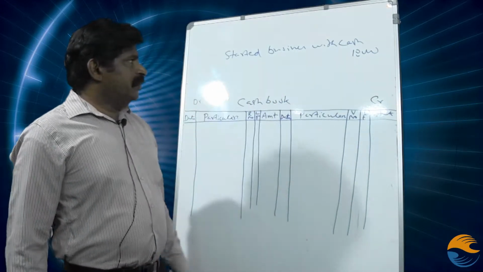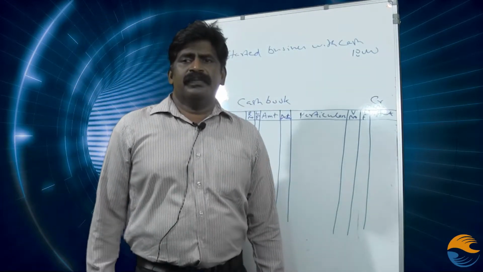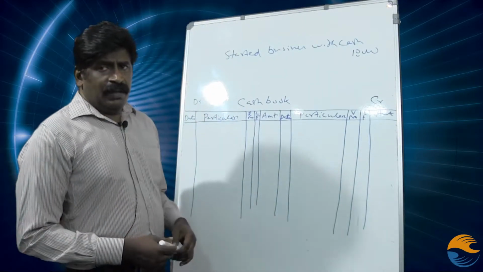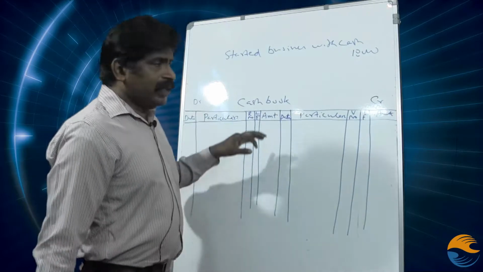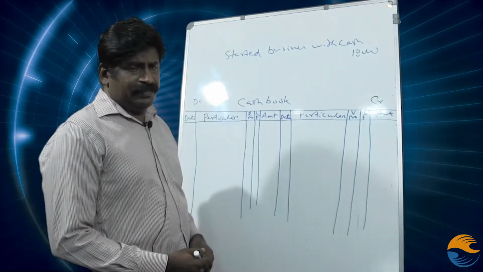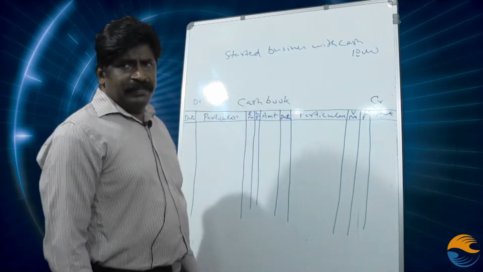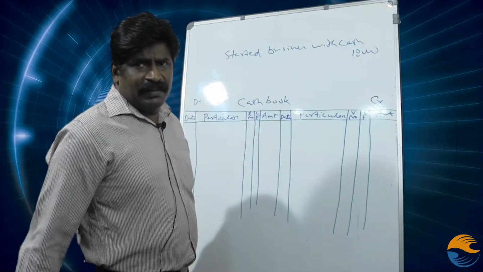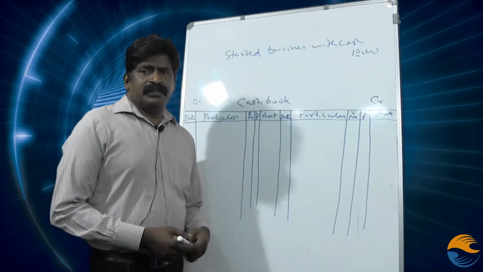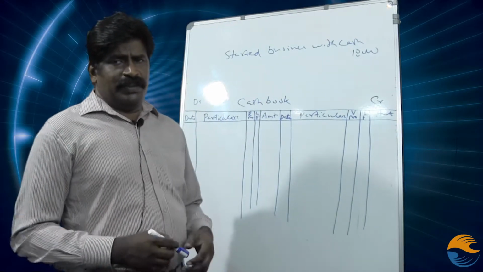In this transaction, when we start business with the cash, the business receives cash. And we know that two aspects regarding this transaction are cash and capital. The cash book is here. The another aspect is capital. As cash comes into the business, it is a receipt to the business.